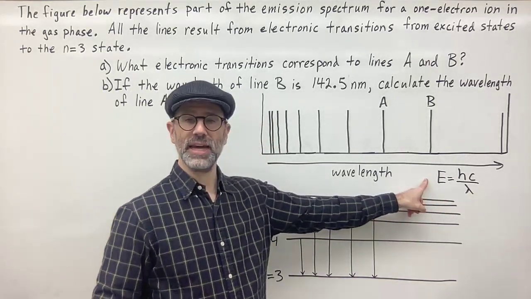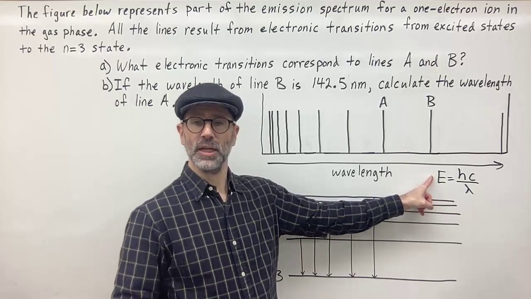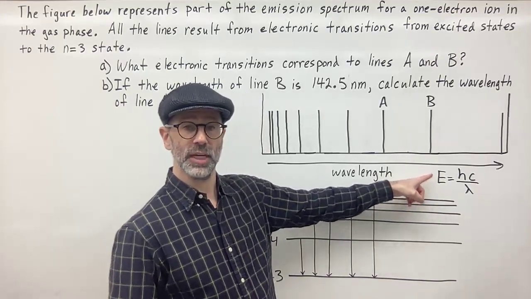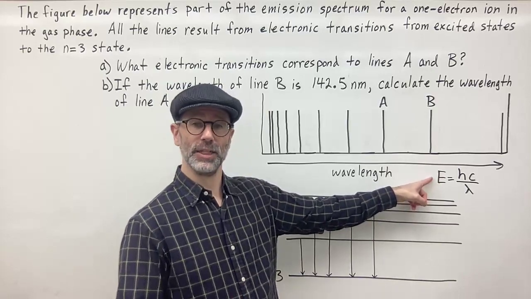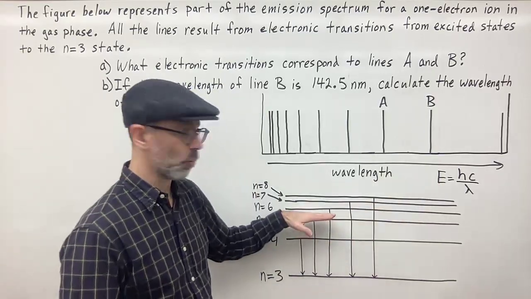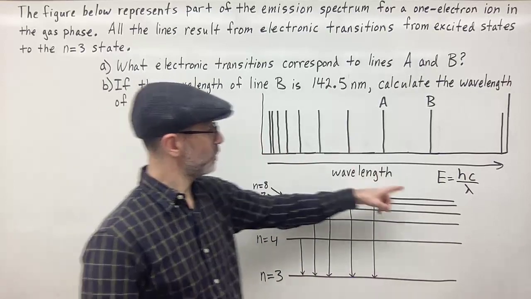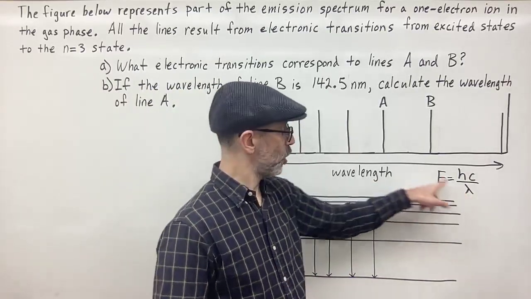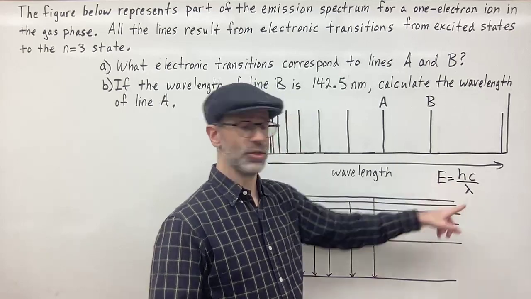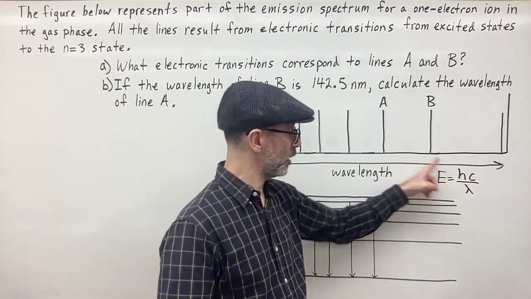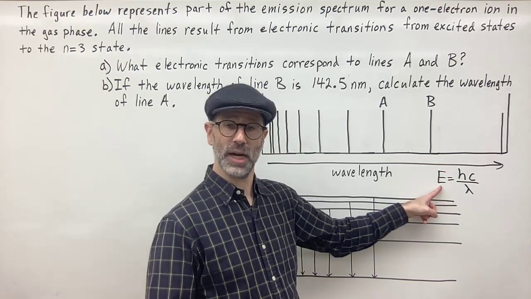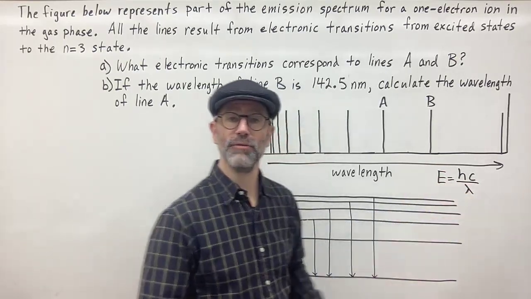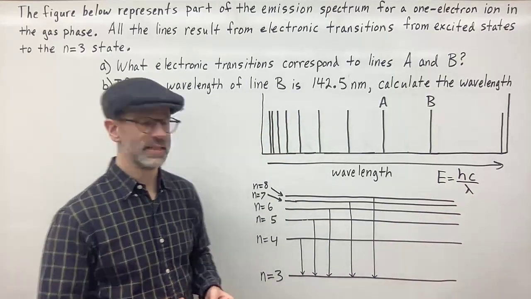So you can see that the energy lost by the electron when it jumps down from one level to the other is related to the wavelength of light emitted. It is inversely proportional. That means that the greater the energy lost by the electron, the smaller the wavelength of the photon that's released.